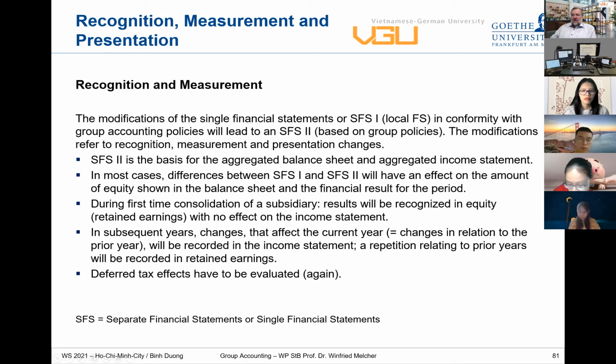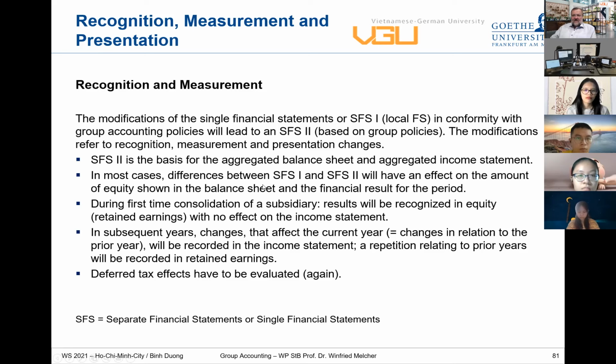So the modifications from SFS1 to 2 refer to recognition, measurement, presentation, and also currency issues. So SFS2 is the basis for the aggregated balance sheet and the aggregated income statement. Otherwise, we could not add apples and bananas.